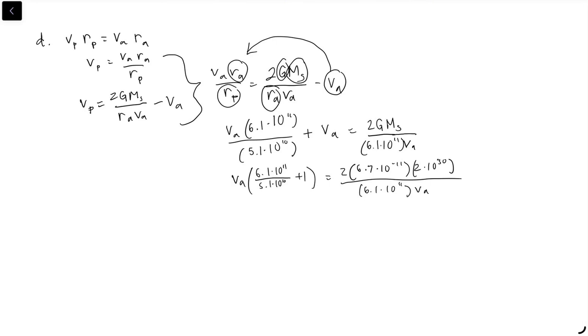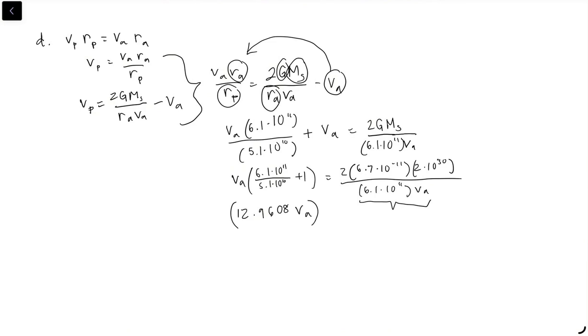And then if I solve for the left side, it'll give me about this value. And then I'm going to multiply this up.